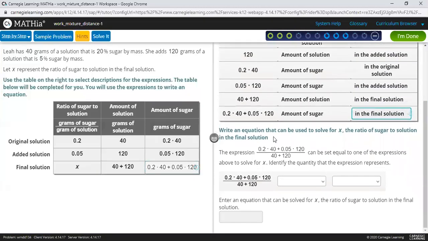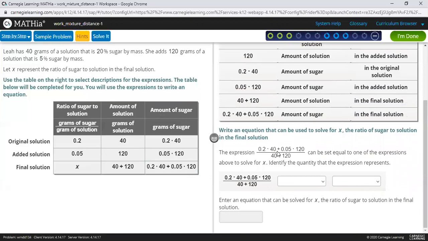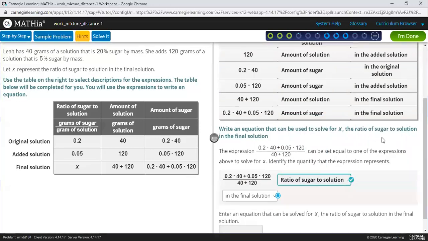Now we want to write an equation we can use to solve for X. They've done this for us. They've taken the amount of sugar, created a ratio, and divided that by the amount of solution. So this is our sugar to solution ratio in the final solution.